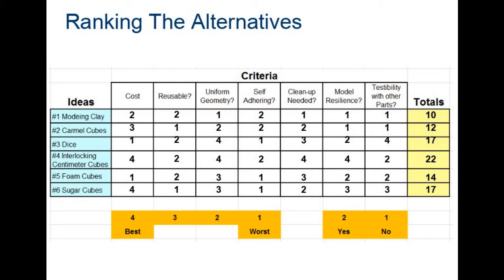If we're getting solid gold dice, and they're like $5,000 a piece, and now I can't afford to do my project, even though it came out to be the best, there's a reason it doesn't work.